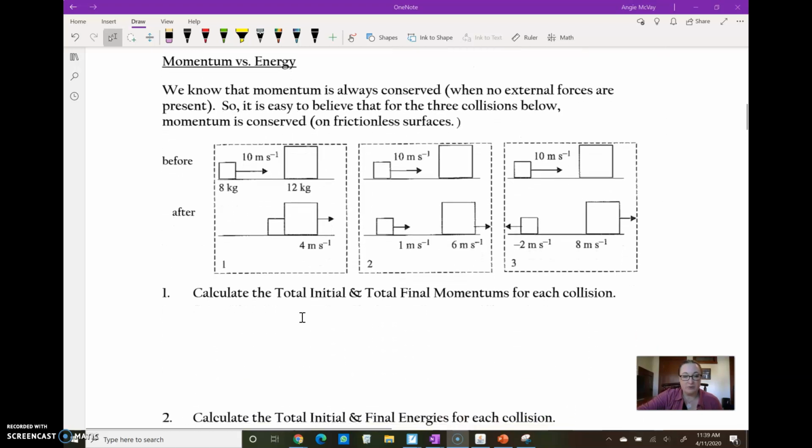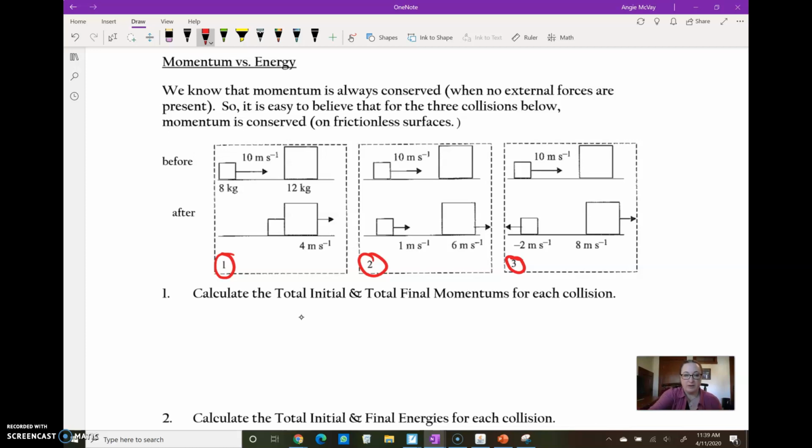First we're going to address the difference between momentum and kinetic energy, and in which cases momentum is conserved and in which cases kinetic energy is conserved. Down below we have 3 scenarios: scenario 1 in this box, scenario 2 in this box, and scenario 3 in this box.